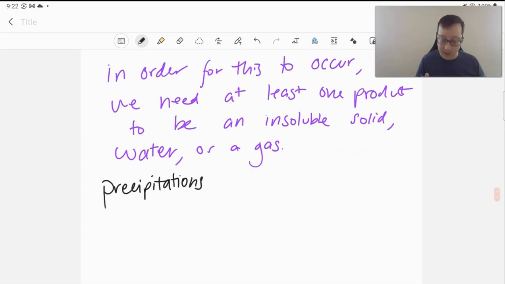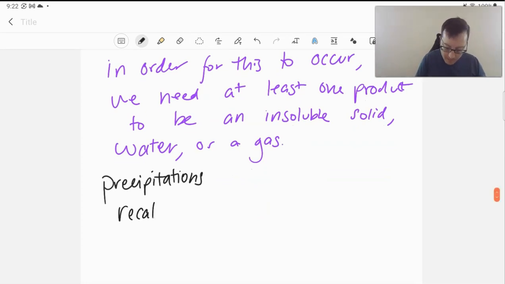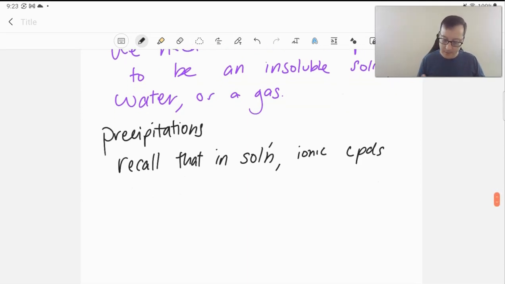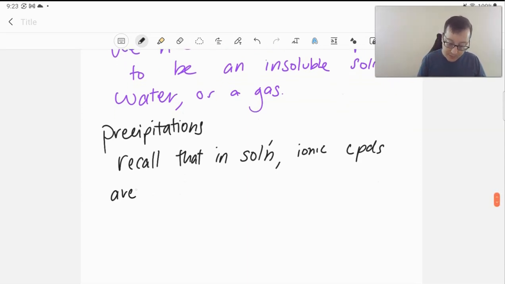First thing I want to do is recall that in solution, which we abbreviate SOL'N just to be brief, ionic compounds, abbreviated CPD, if they're soluble, are strong electrolytes.